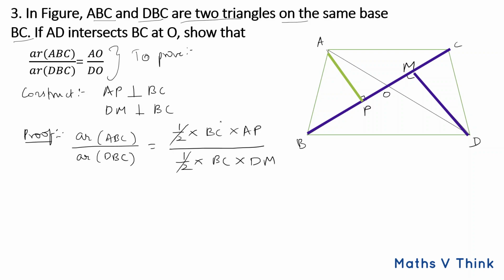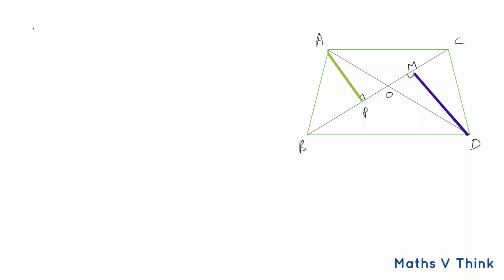So half BC gets cancelled, we get AP by DM. But we need AO by DO. We got AP by DM. Now I'll be proving the similarity of triangle AOP and triangle DOM. So let this be 1.